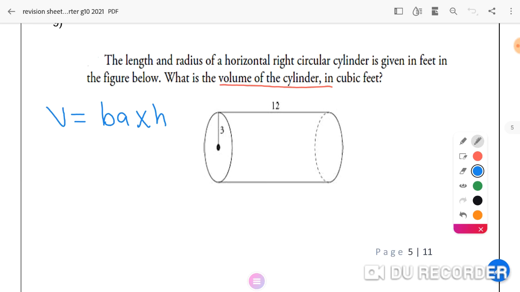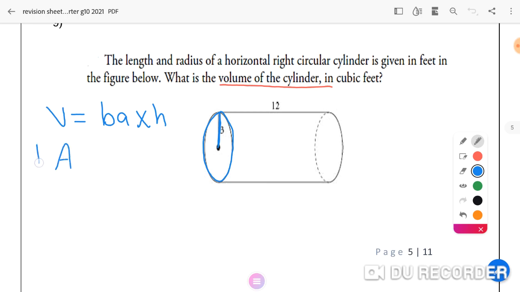So, first thing you need to find is the base area. And since the cylinder has a base of a circle, let's find the area of the base of the cylinder, which is the area of the circle.